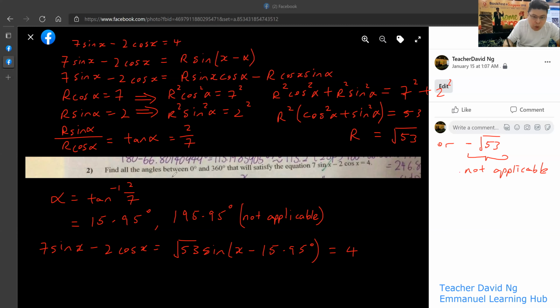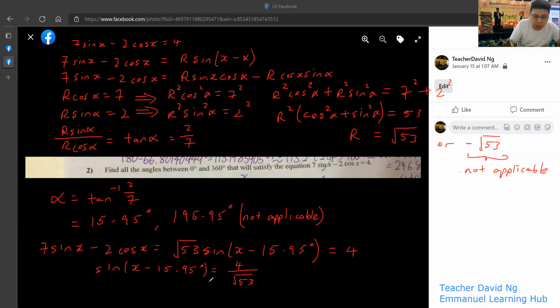And you are asked to solve for your x, right? So right now I have this R formula. So my sine x minus 15.95 degrees will then be equal to 4 divided by square root 53.